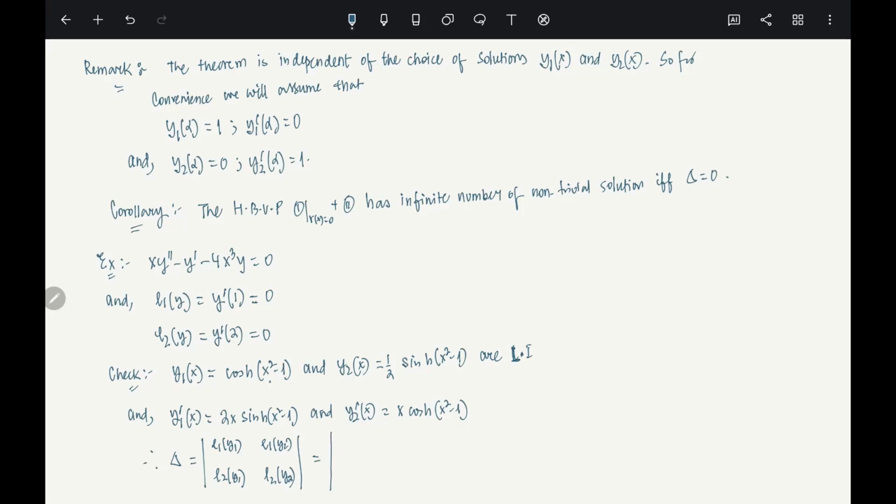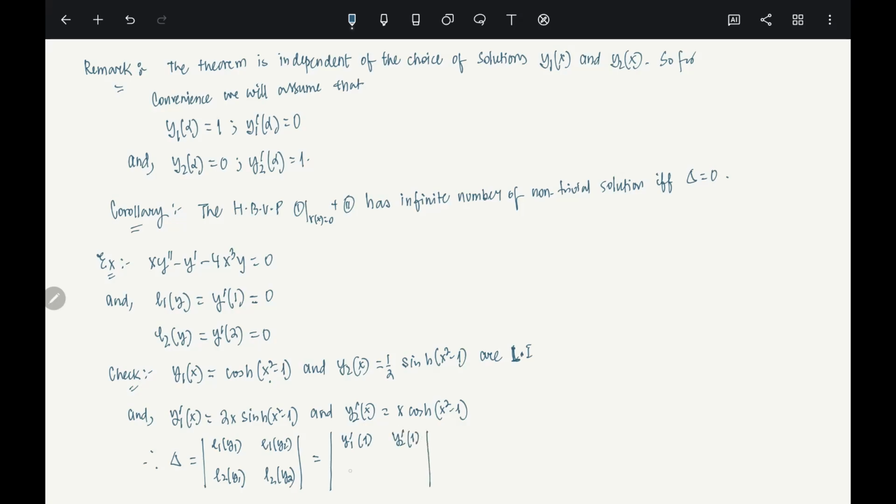Okay, so what is L1 of y1? It is basically y1 prime at the point 1. What is L1 of y2? L1 of y2 is y2 prime at the point 1.